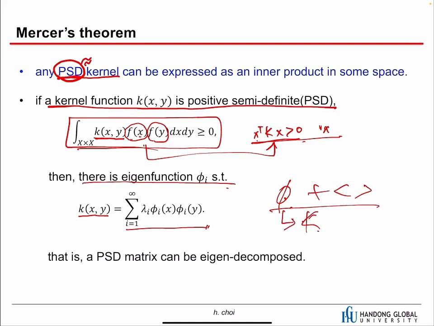And in this slide, if we have a kernel which is positive semi-definite, then implicitly there is a nonlinear function phi and the inner product. Again, as long as the kernel function is positive semi-definite, then it can be a kernel.